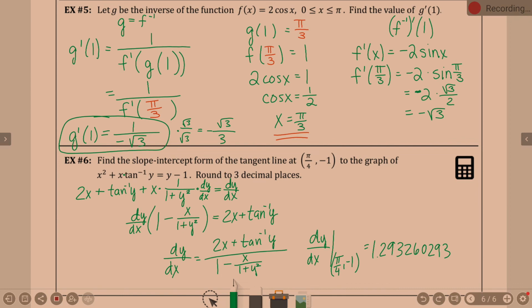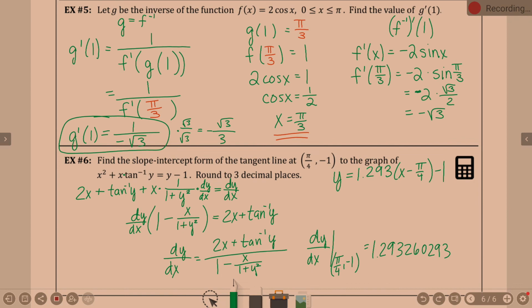How do you do multiple variables? Because x is going to go in every place you have an x. Y is going to go in for the y's, right? Okay, officially it was slope-intercept form of the tangent line, right? So y equals the slope, which is at 1.293 times x minus pi over 4 minus 1.